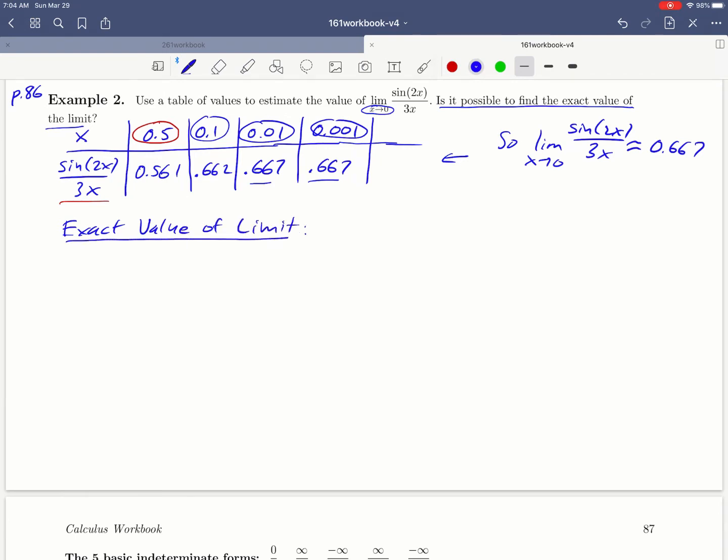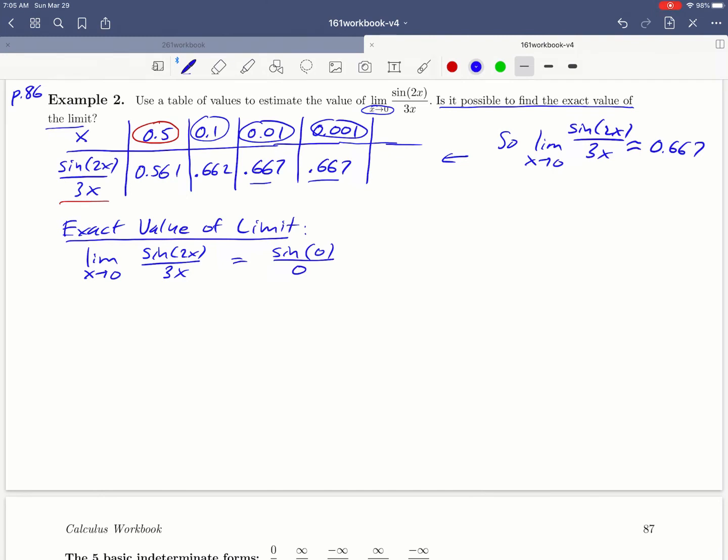Let's first remind ourselves of how we approached finding an exact value for a limit earlier in the course. This has been a while, I know, but what we did way back when was we just tried to directly substitute in the x value that we're approaching. If we did that, we would get sine of 2 times 0, which is sine of 0, over 3 times 0, which is 0.